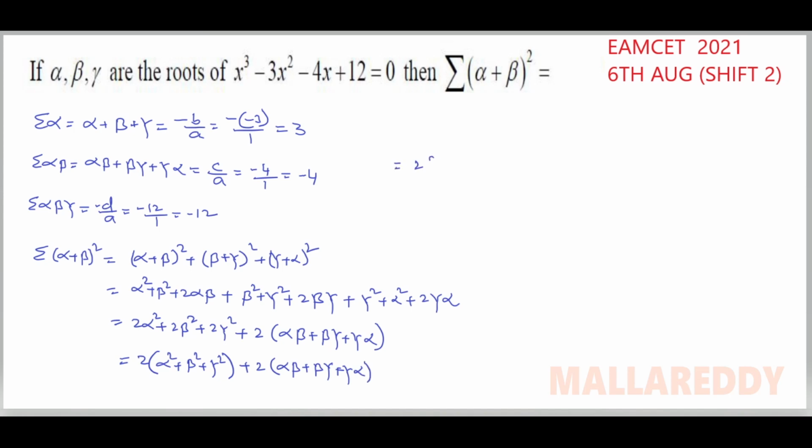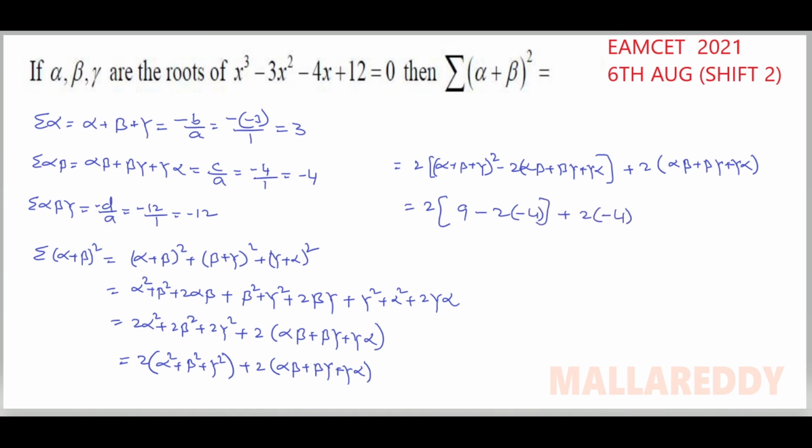That is equal to 2 into [(alpha + beta + gamma)² − 2 (alpha beta + beta gamma + gamma alpha)] + 2 into (alpha beta + beta gamma + gamma alpha), which is 2 into [3² = 9 − 2 into (−4)] + 2 into (−4).